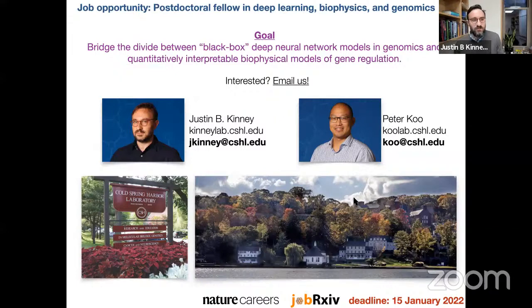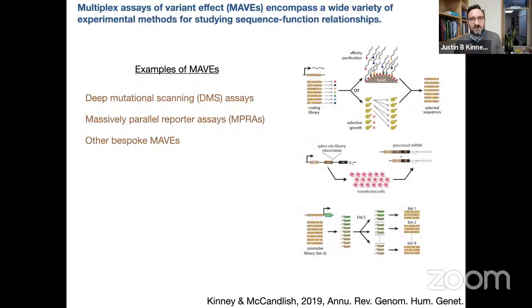Okay, so one of the primary focuses of my lab is trying to understand how to quantitatively model data produced by multiplex assays of variant effects, or MAVEs. So MAVEs encompass a wide variety of experimental methods for studying sequence-function relationships. These include deep mutational scanning experiments for studying protein sequence-function relationships or for studying structural RNAs.